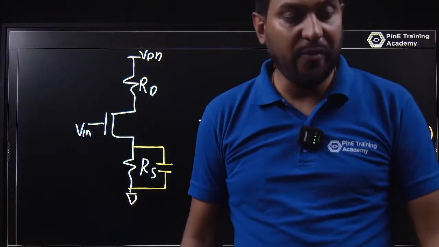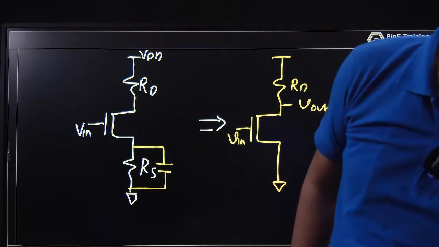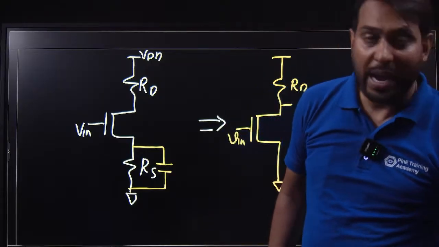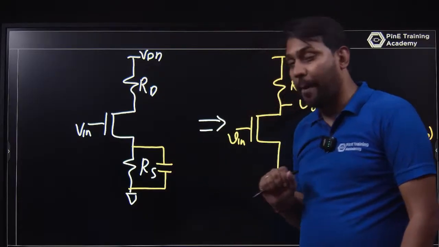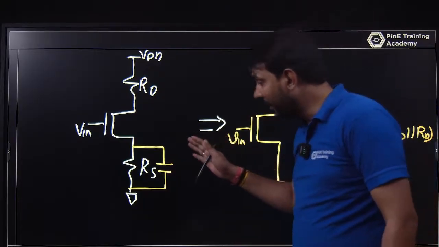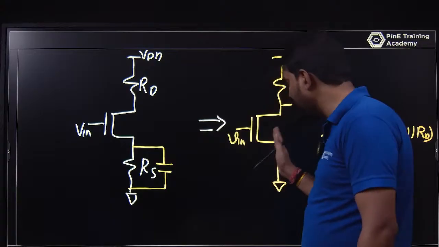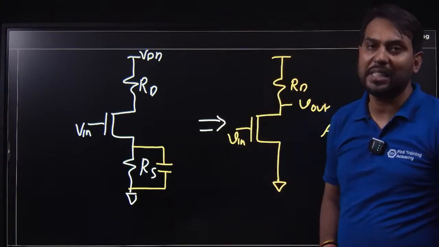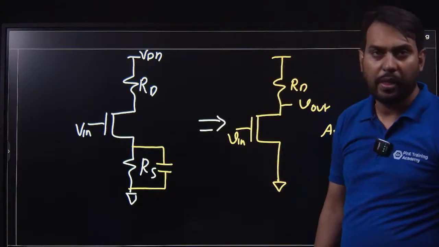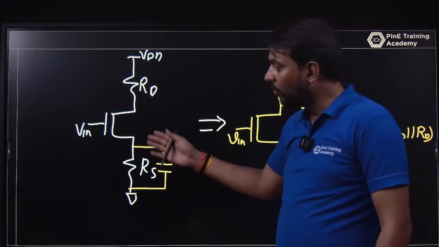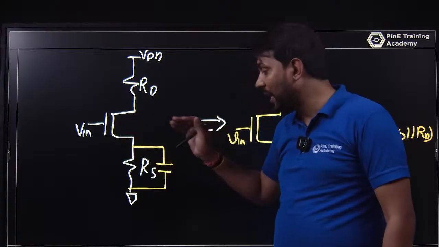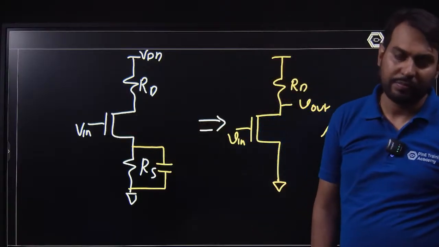So this is the way we can analyze: if you have a capacitance, for that signal frequency this capacitance acts like a bypass capacitance. And if you talk about the large signal, this RS is present.